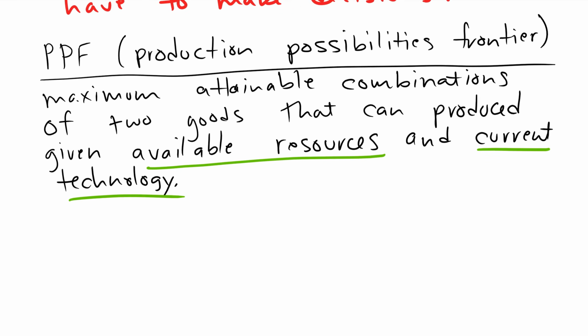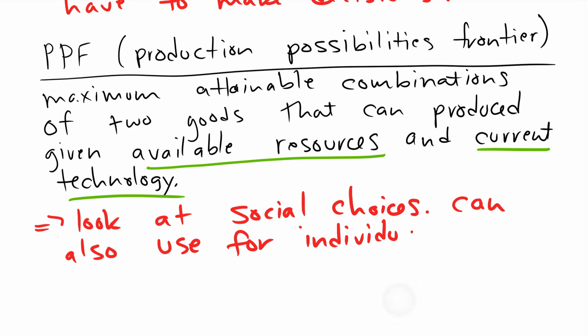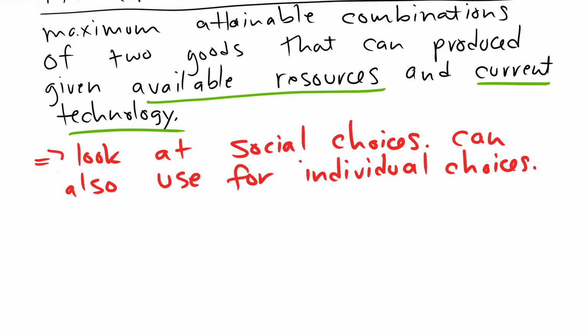We're going to use this to look at social choices, the level of society, but you can also use a similar model to look at individual choices.